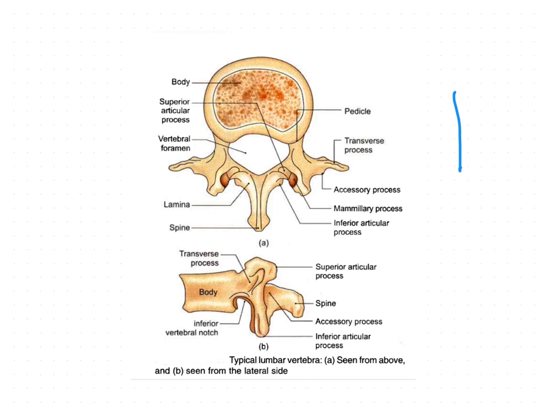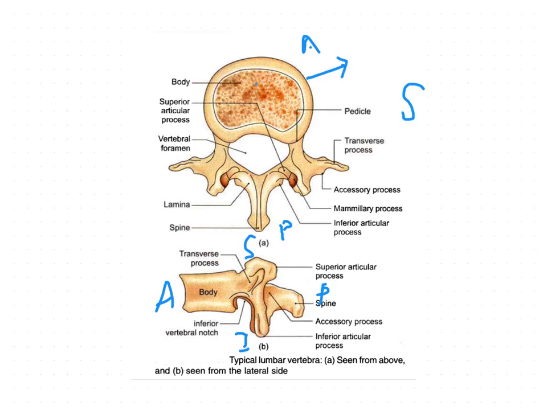Now coming to the typical lumbar vertebrae, first we will see the parts. This one is anterior and this one is posterior, with superior and inferior as well. This is the superior aspect of the lumbar vertebrae. Anteriorly it has the body.